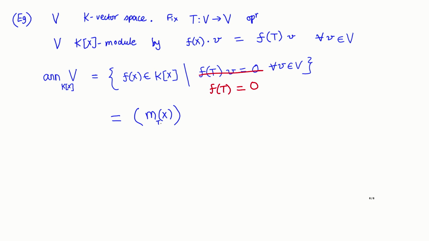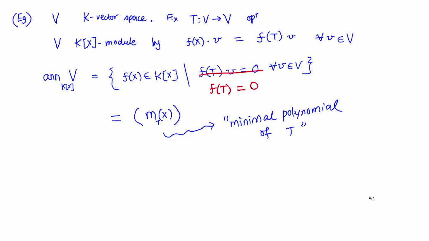Firstly, this polynomial annihilates T. When I plug in T, I just get the 0 operator. And because it's the generator of the ideal, among all the polynomials which annihilate T, this is the one of the smallest degree, for example. And if you recall your linear algebra, this is exactly what is termed the minimal polynomial of the linear operator T.